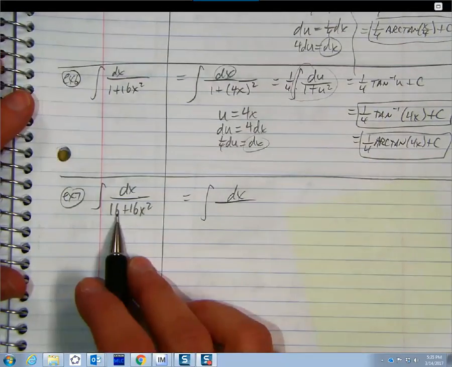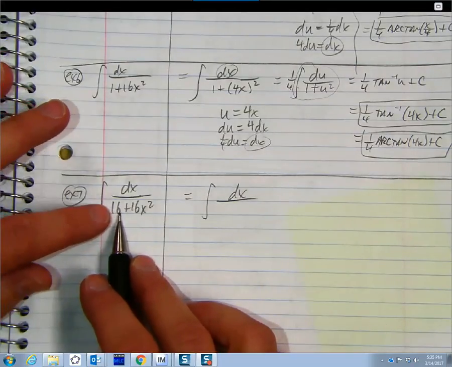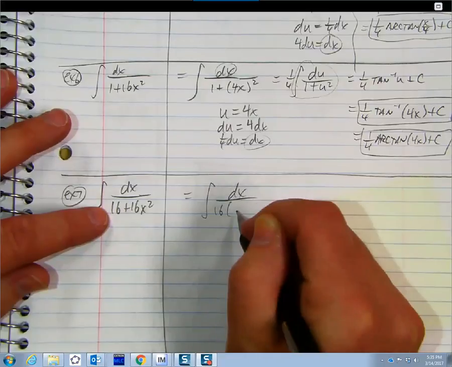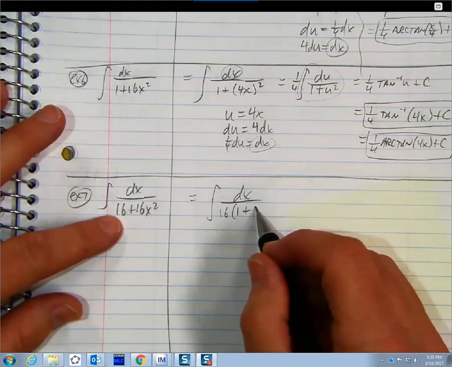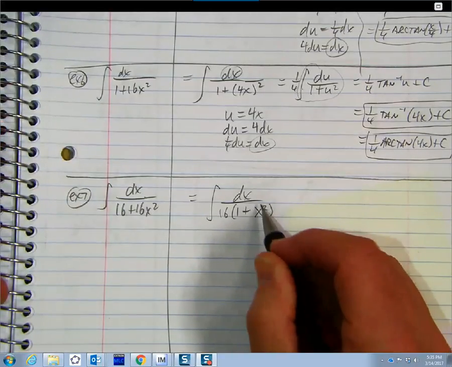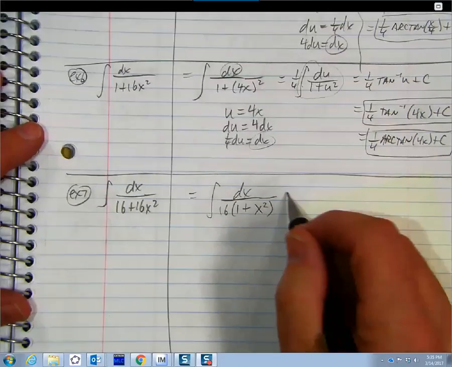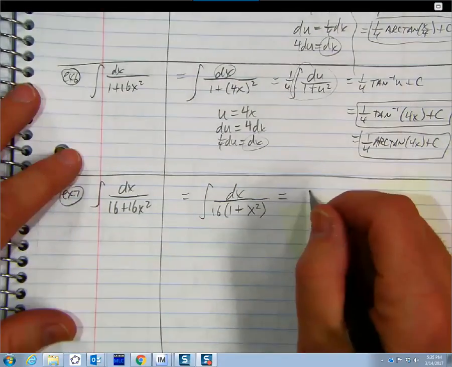I'd like this to be a 1 right here. So that means I would not subtract 15, but I would divide by 16 or factor out a 16. That leaves a 1 inside. But what's over here? Go ahead and say it. Yes, x squared. Perfect. And I don't know if you're seeing how beautiful this is, but that 16 can come out front.